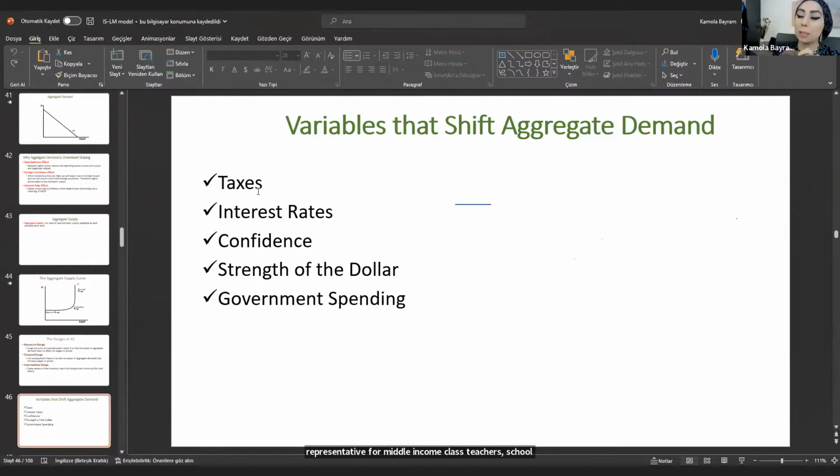Because school teachers in a particular country are the best representatives of that middle income class. Then in our study, we want to look at what portion of your salary you have to pay every month once you are buying a car. And to make it homogeneous, I cannot give the example of Proton because we don't have Proton cars here.